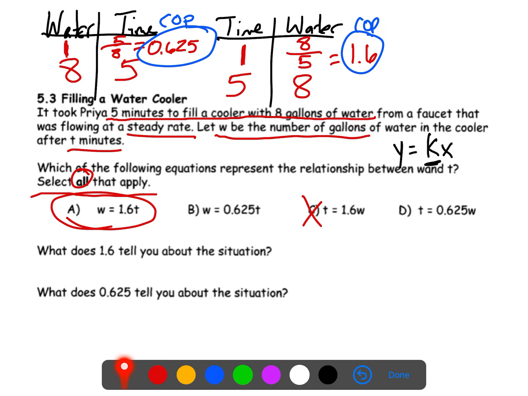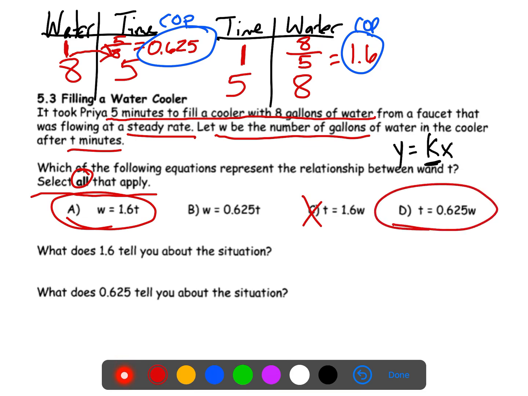Okay, so we've answered these two questions now, but let's look quickly at what would be the best way to write this. Remember, we're multiplying our water times 0.625. So which equation is multiplying W, the water, times 0.625?